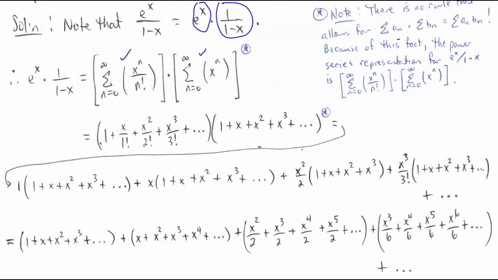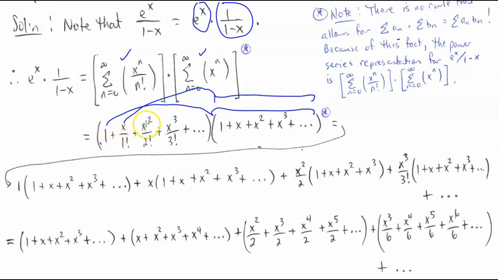So here, all I've done is I said, okay, I'm going to take 1 and multiply it by all these terms first. Then I'm going to take x, which is x divided by 1 factorial. 1 factorial is just 1, so x divided by 1 is just x. So I'll take x, and then multiply it times all these terms as well.